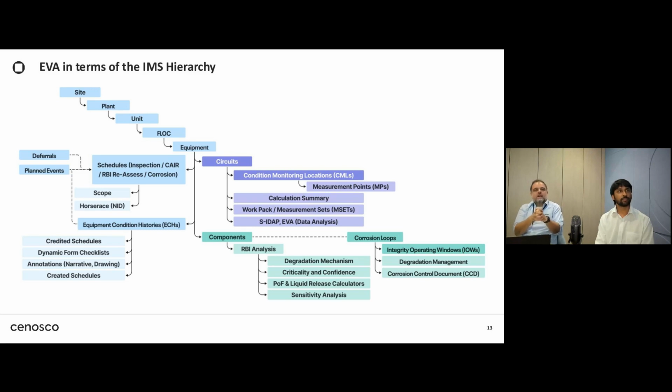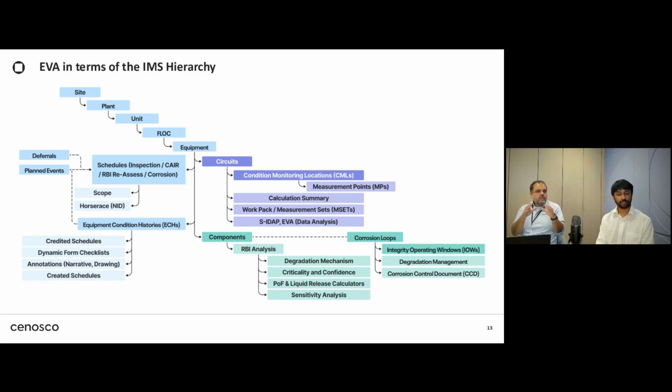At the equipment level, we have what we call circuits. The circuit is the place in IMS where we look into corrosion calculations, looking into an age-related failure mode. So thinning, it degrades over time. How do you do that?